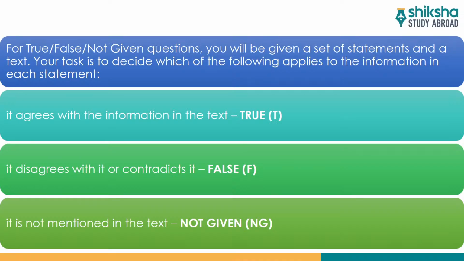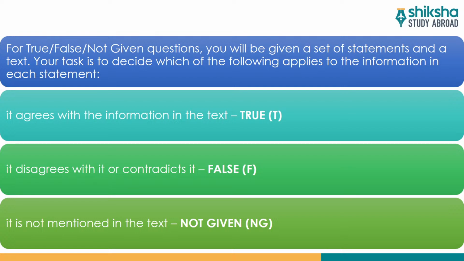So, yes, without any further delay, let's start with today's class. Today's topic would be true, false, not given, which are a very important part of your question types in your reading module. We are starting with the reading module, and gradually we'll move on to the other modules as well, like listening, writing, and speaking.